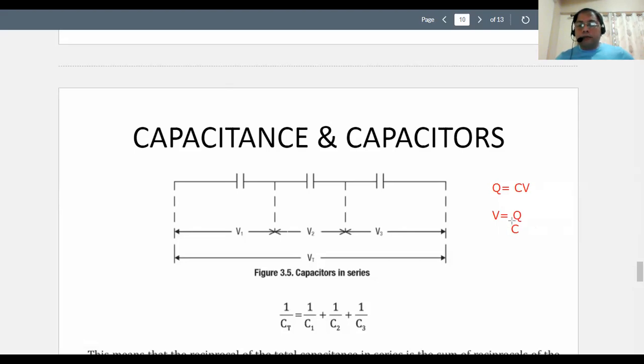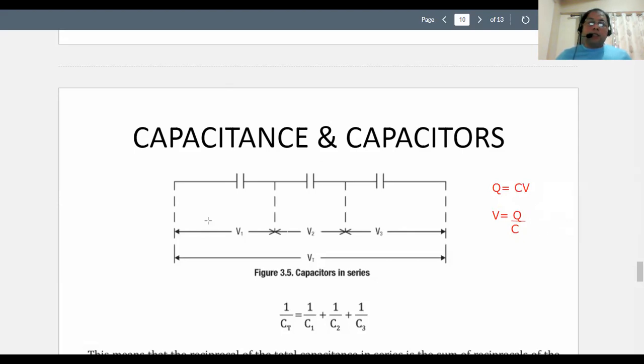This is dividing the value of Q by C, so joules per farad. C here is your capacitance, and our unit of capacitance is the farad.